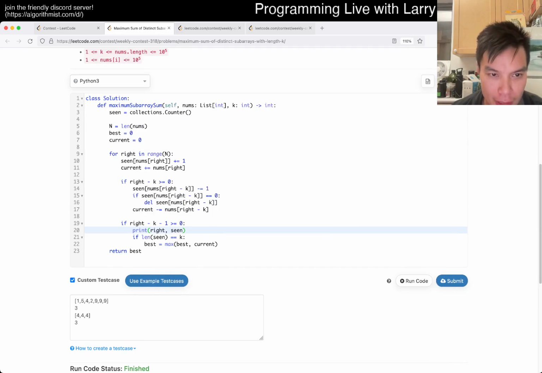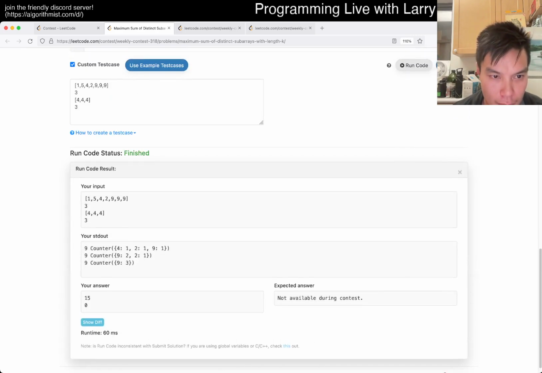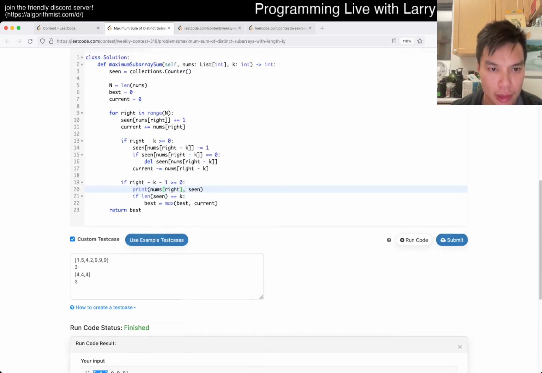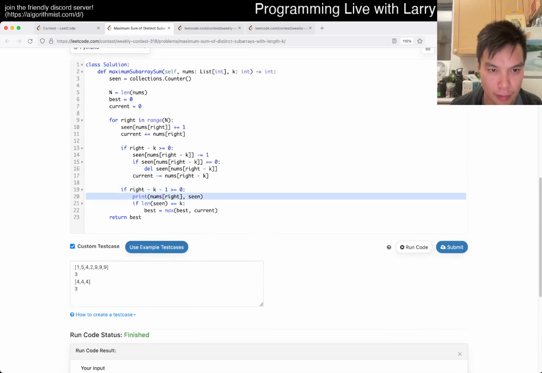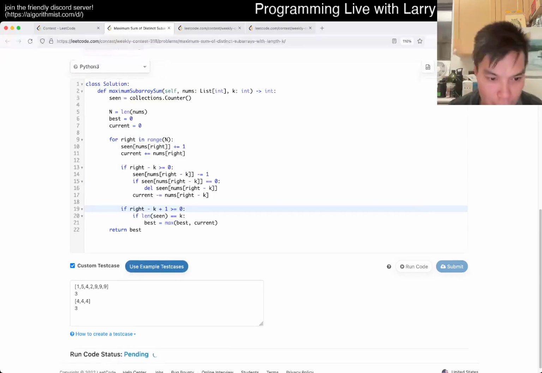Oh, right is the index, not num subarray. So 429, this is right, but the other ones are not. Why? Oh, this is +1, I think. Whoops, that's why.